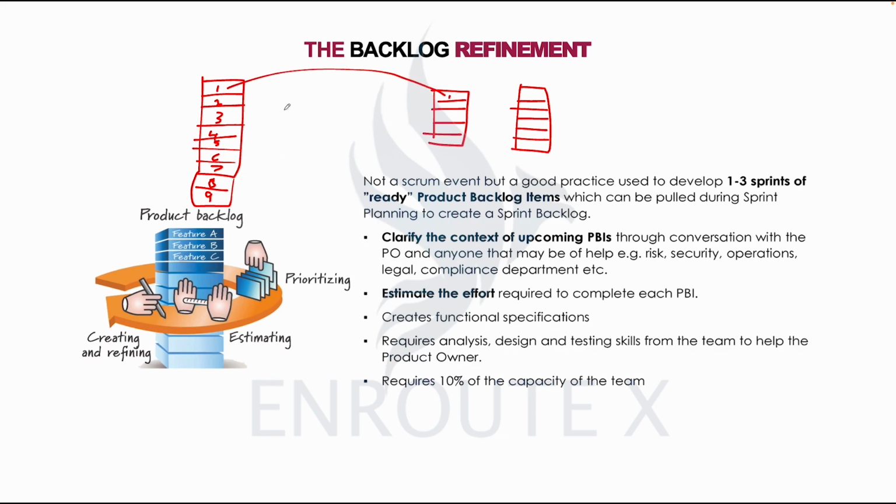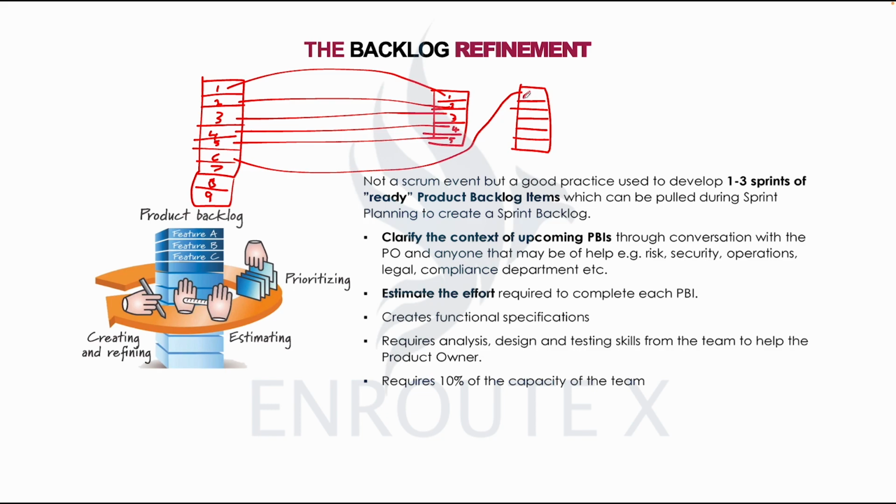So this becomes 1, this becomes 2, this becomes 3, this becomes 4, and this becomes 5, while this becomes 6, on and on, 7, 8, 9.